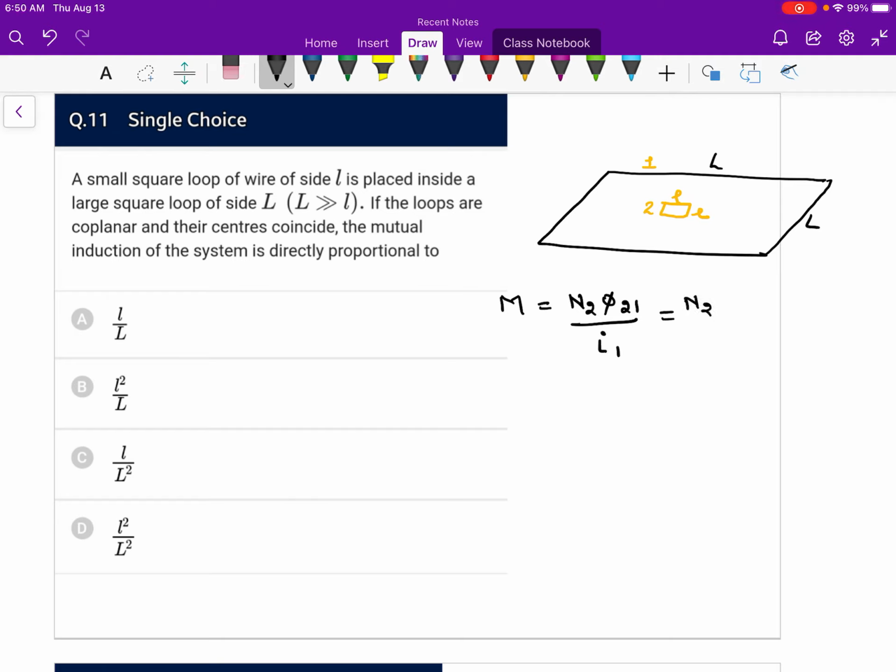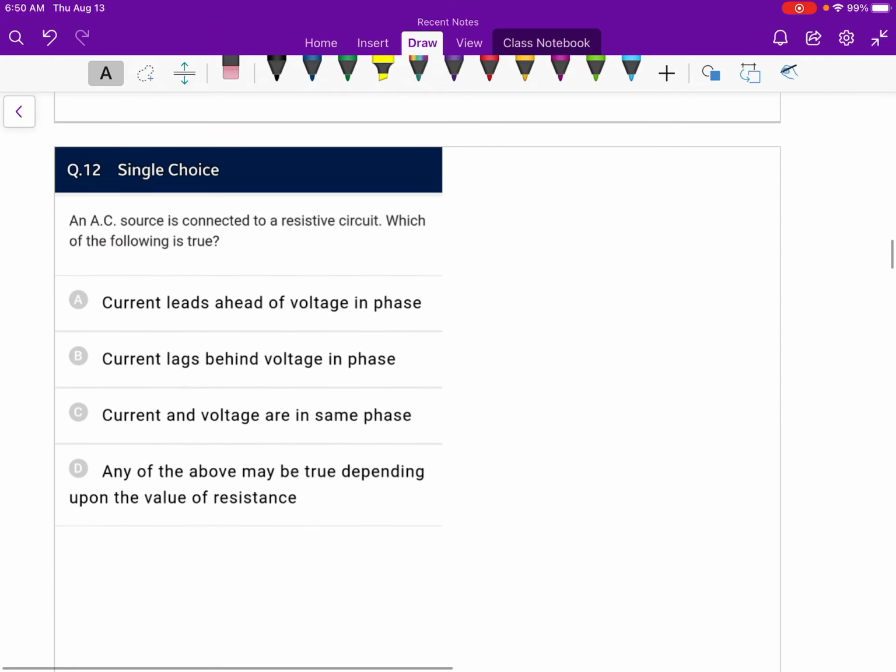So that is number of turns in 2, magnetic field of 1 into area of 2 upon I1. So guys, B1 is proportional to 1 upon L. Okay, and A2 is proportional to small l square. So M will be proportional to small l square upon capital L. So B is the correct option.